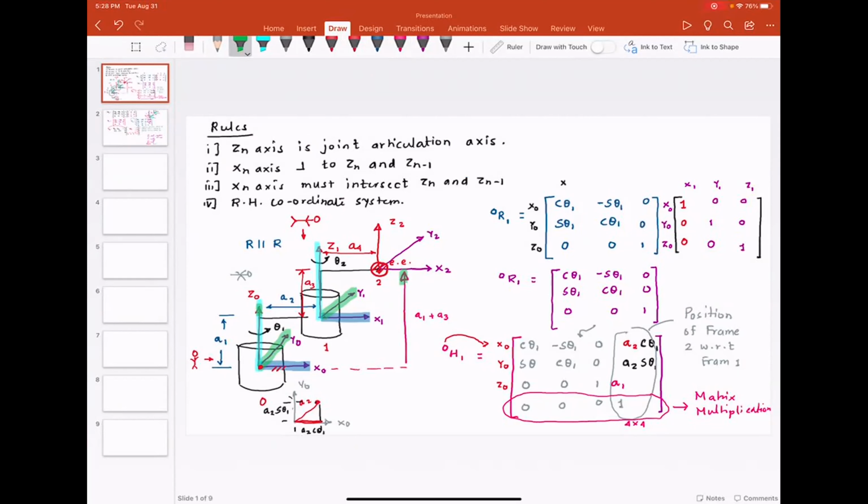Now I'm going to look at this robot in the horizontal direction, and I will draw the robot in the top view, something like this. Let me draw it over here. So my coordinate frame is x0, y0. Do you agree with me?